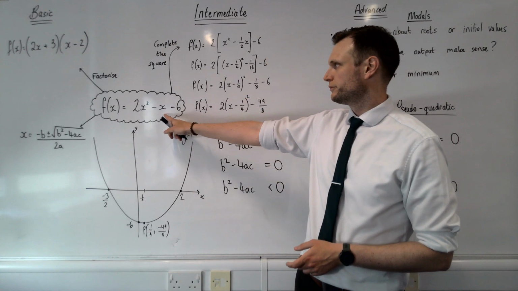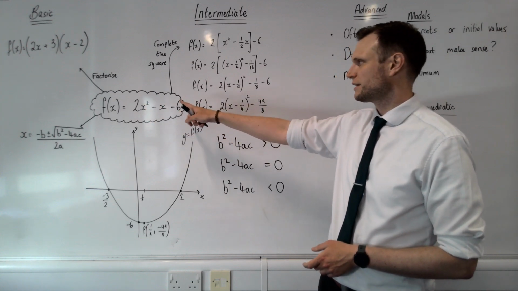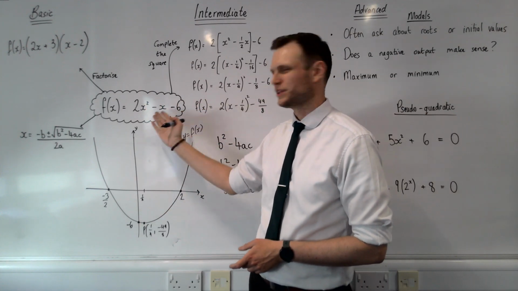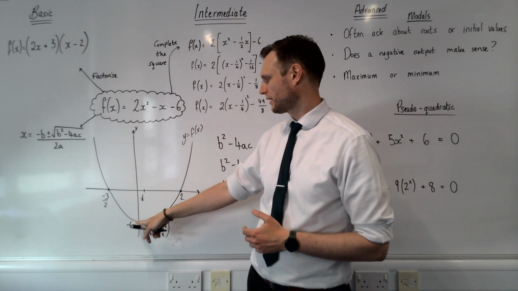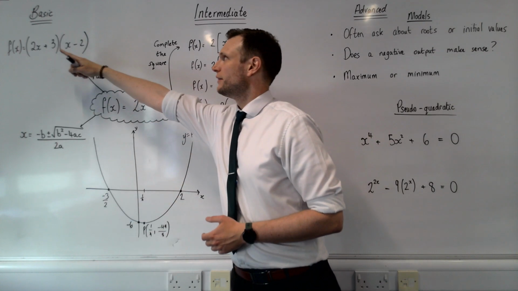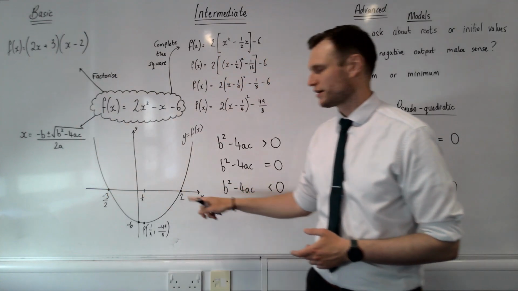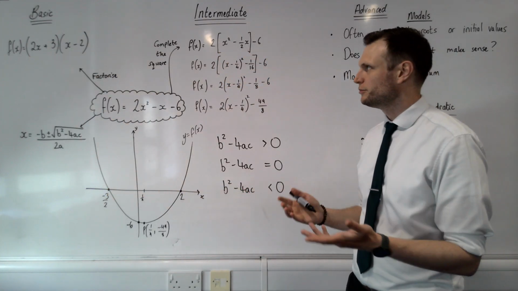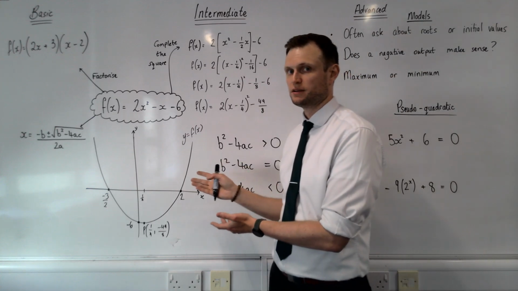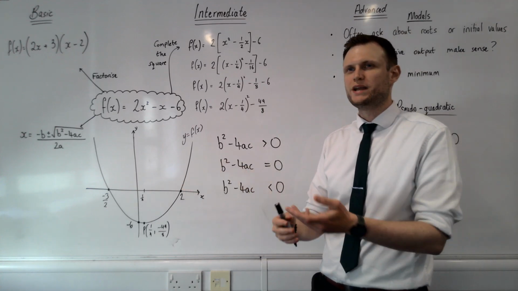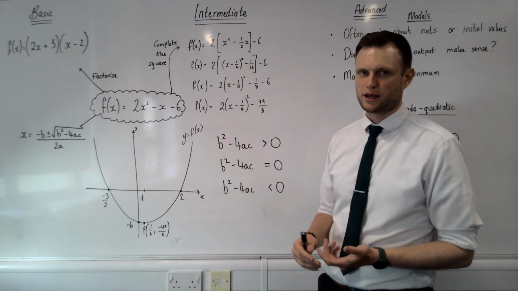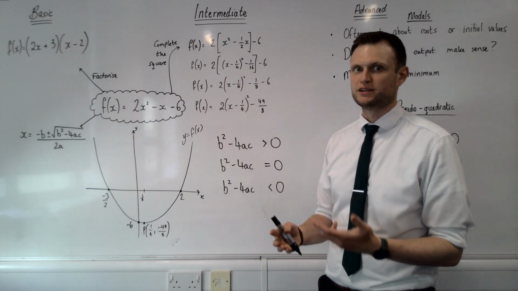This form, ax squared plus bx plus c, maybe that's called the expanded form, gives you the y-intercept. And then this form gives you where it crosses the axes. Now, sometimes you're just asked to sketch it, but sometimes they give you weird information about a function and ask you to find the function.